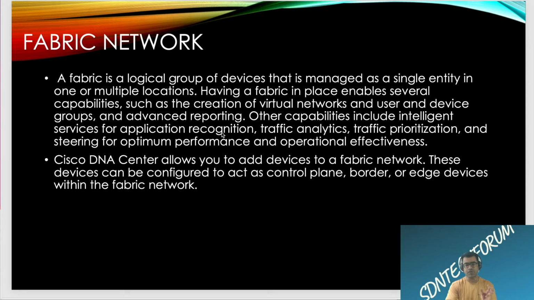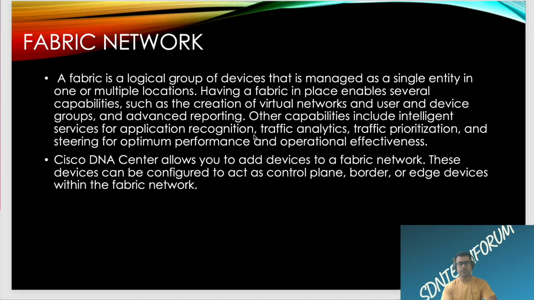So you can have reporting strictly applicable to the fabric. Other capabilities include intelligent services for application recognition, app experience, traffic analytics, traffic prioritization like QoS, and steering for optimum performance and operational effectiveness. A lot of things here, but you will understand when we start building the actual fabric.